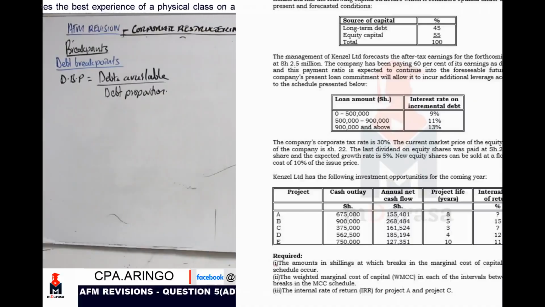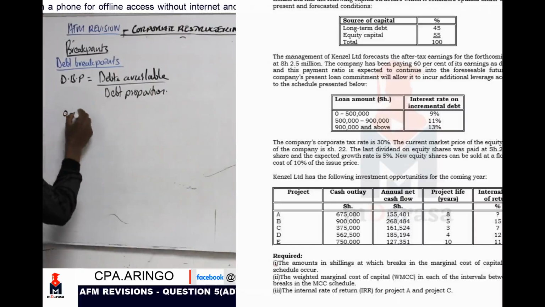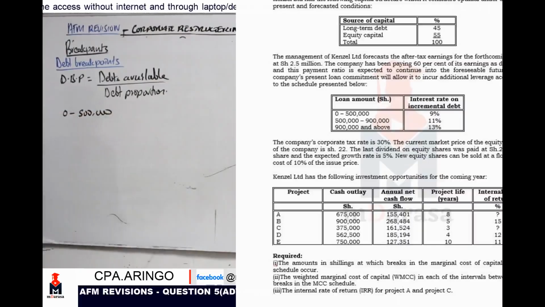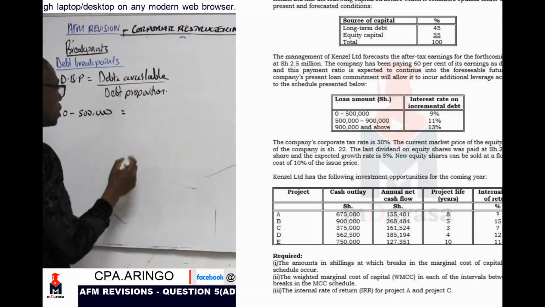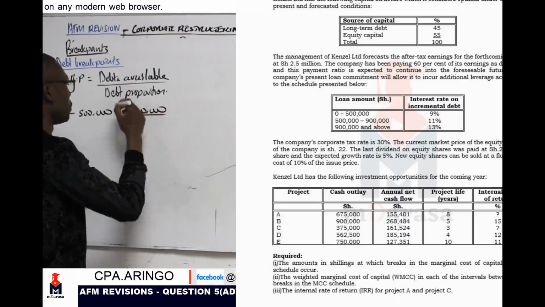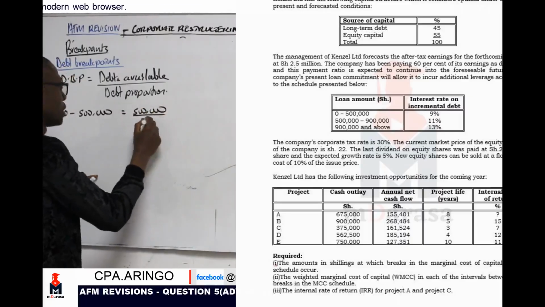The first range is 0 to 500,000. What will be the breakpoint at this point? The maximum debt in this range is 500,000, so this will be simple. I'll just take the 500,000 and divide by the debt proportion, which was 0.45.